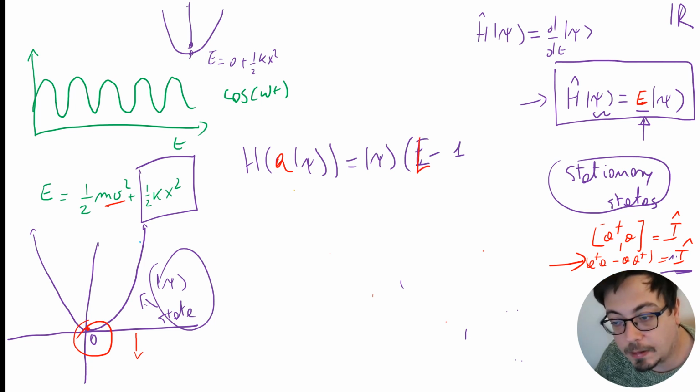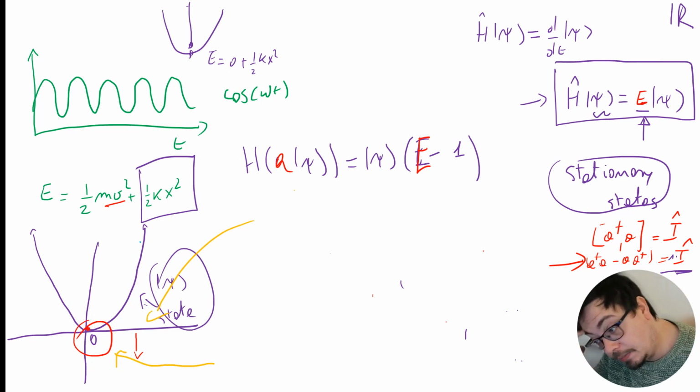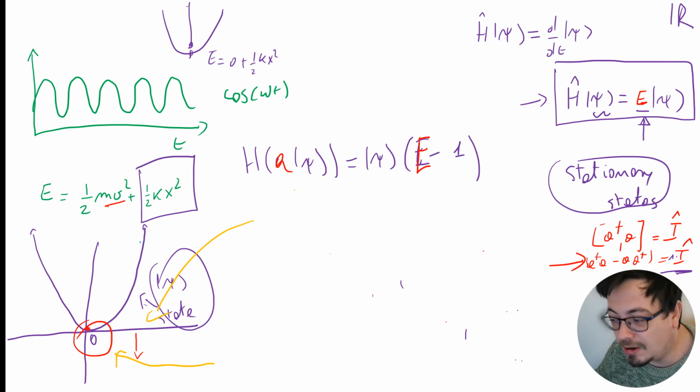Okay. Now, this should tell us something, because it means that we can find exactly this point here, if you think about it. If we find this point here, the zero point energy, we cannot go lower than that, because there is no negative energy, at least not here.